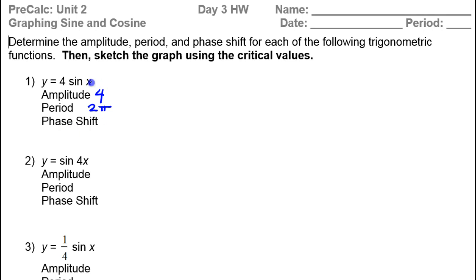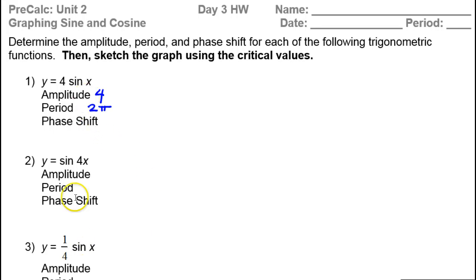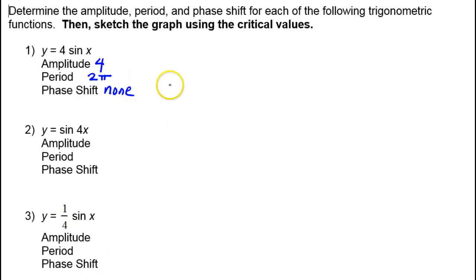There is no phase shift because there is no h or k value. There's nothing being added or subtracted. So there is no phase shift for any of these problems that we're going to be doing in this video. So for phase shift, we can just say none. And that is enough information for us to sketch this graph.